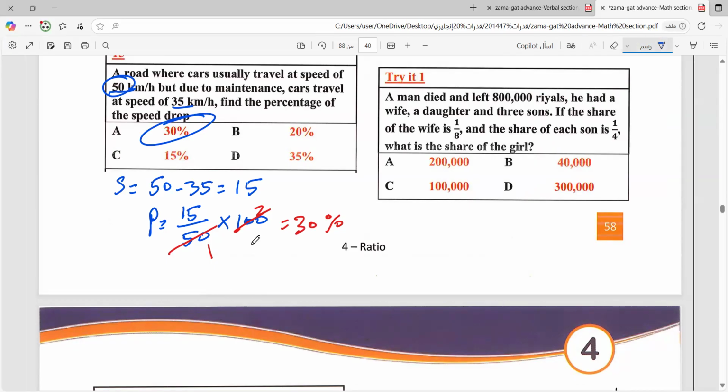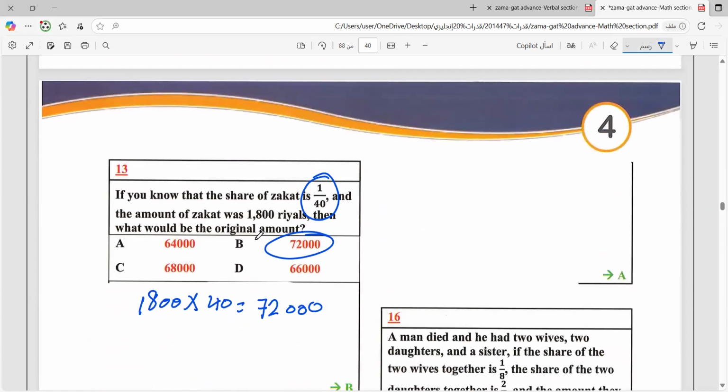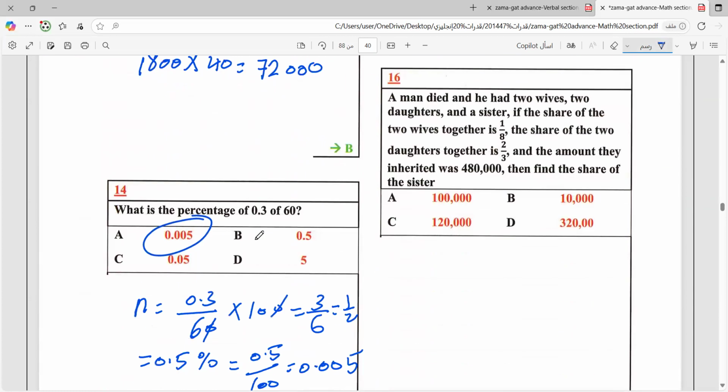Okay, number 16. Try to solve. A man died and he had 2 wives, 2 daughters, and a sister. If the share of the 2 wives together is 1/8, the share of the 2 daughters together is 2/3, and the amount they inherited was 480,000, then find the share of the sister.